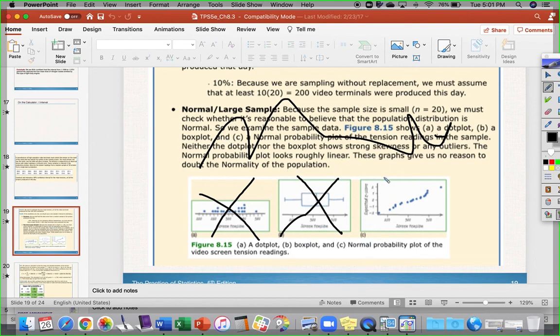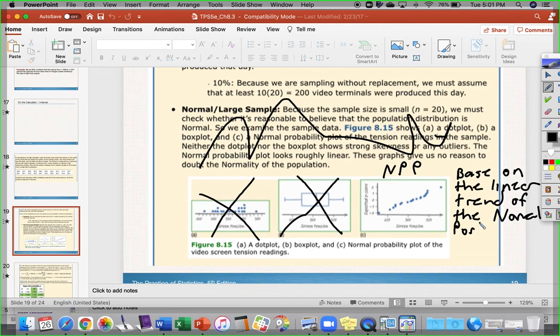We would make a normal probability plot on the calculator, and you would still write the old-fashioned based on the linear trend of the normal probability plot, we are safe to use t calculations.